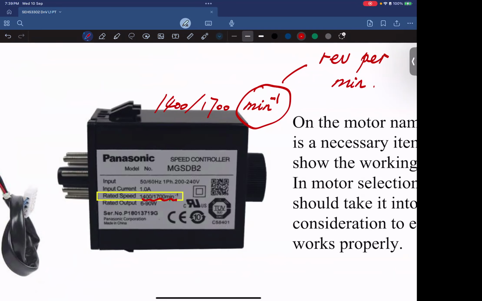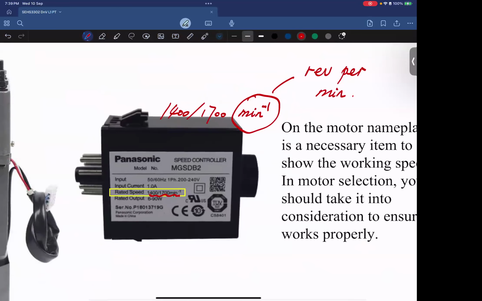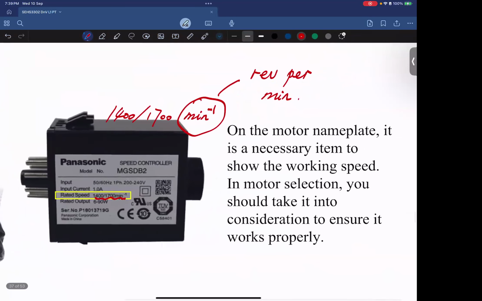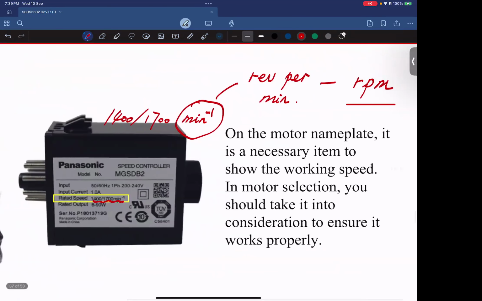So how many turns it can rotate in 1 minute? It's also called RPM, revolution per minute, which is also a unit of rotation of omega.